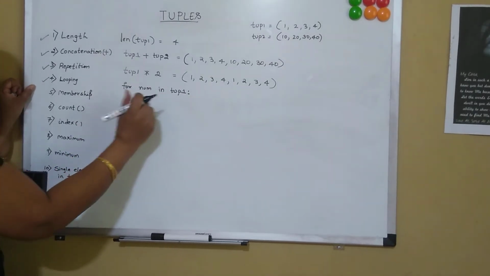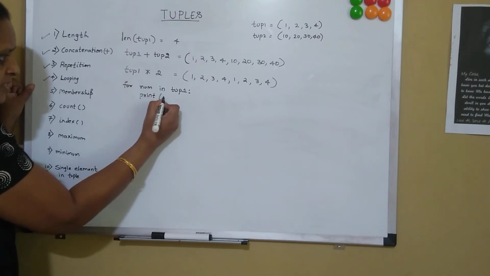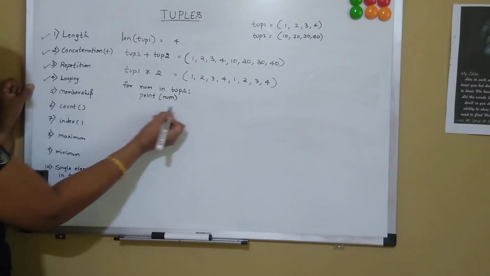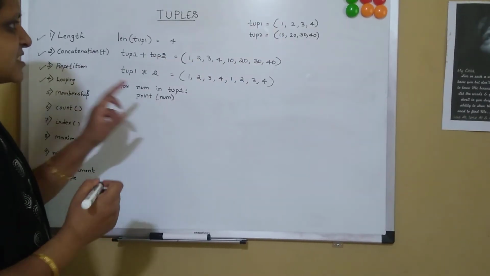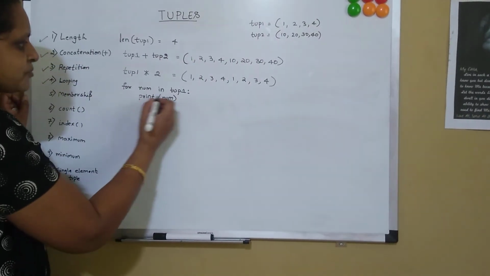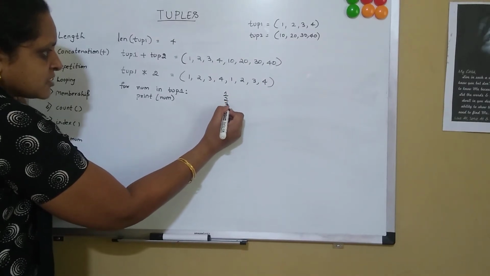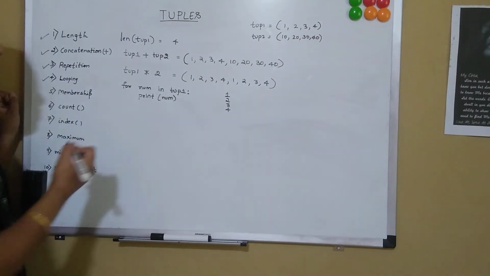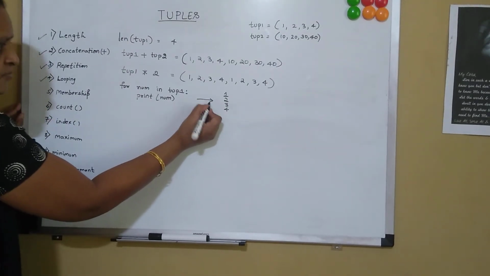For number in tuple 1, print number. So when I give this, it iterates over the tuple 1 and it prints each and every element in tuple 1. So the output would be 1, 2, 3, and then 4. So my output would be in this particular format.